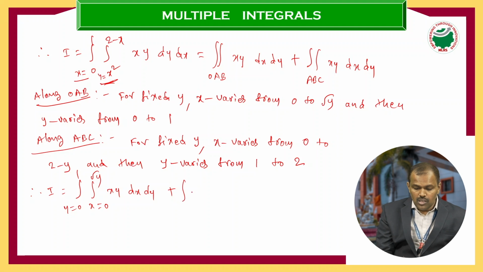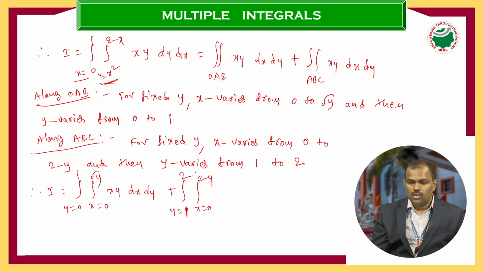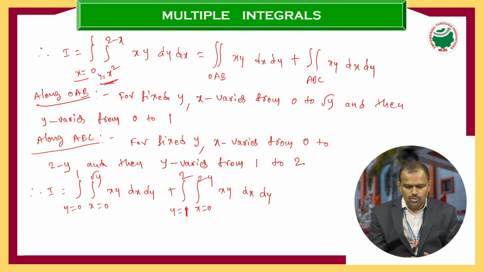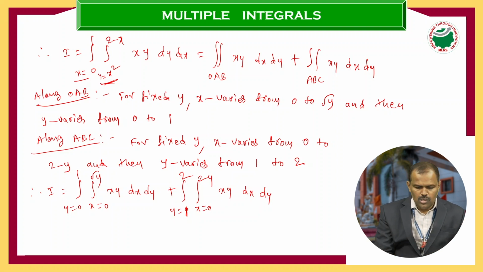In the region ABC, x limits are 0 to 2 minus y and y limits are 1 to 2, xy dx dy. Now we have to evaluate these two parts. By adding these two parts, we get the answer. We can evaluate both integrals separately, or simultaneously. Here I'm doing it simultaneously.